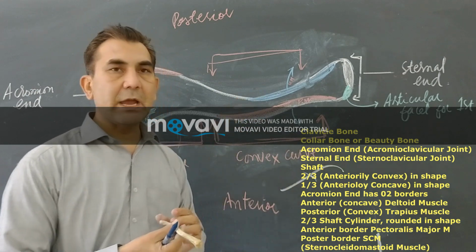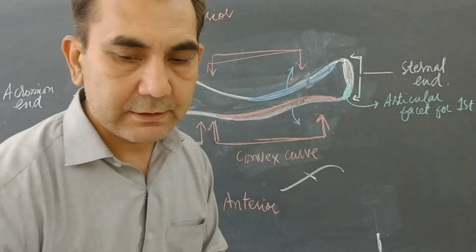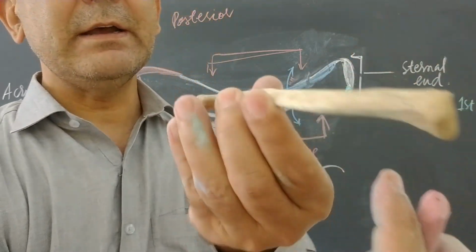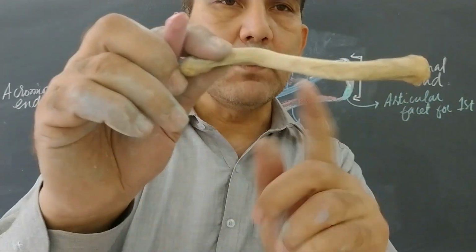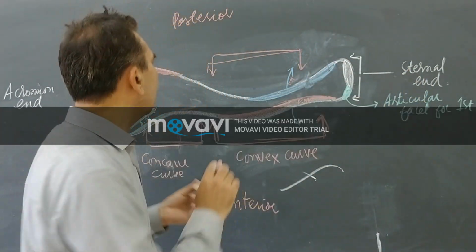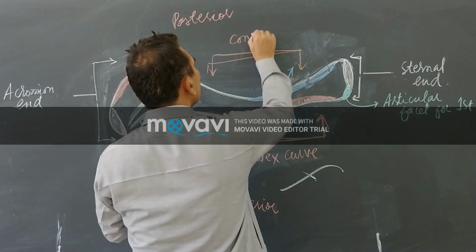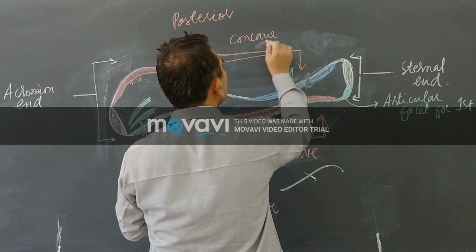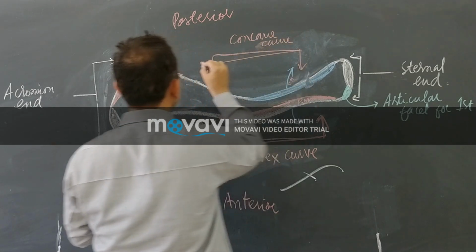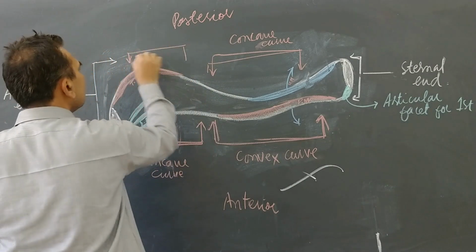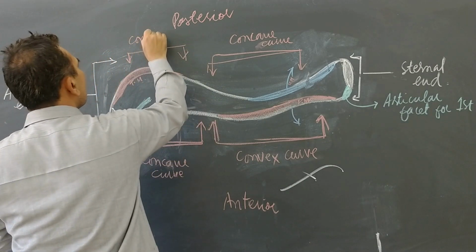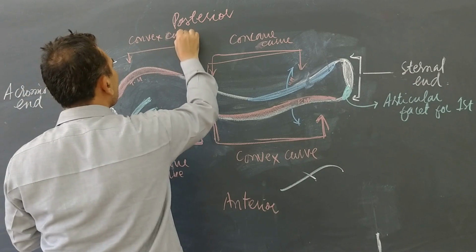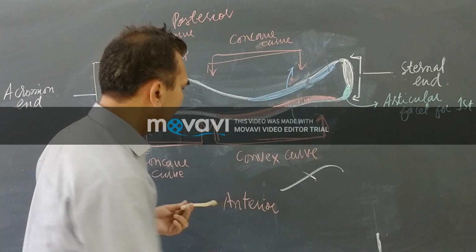And from the posterior side, if you see, this is the anterior side, and this is the posterior side. From the posterior side, two-thirds is a concave curve, and one-third is a convex curve from the acromion.